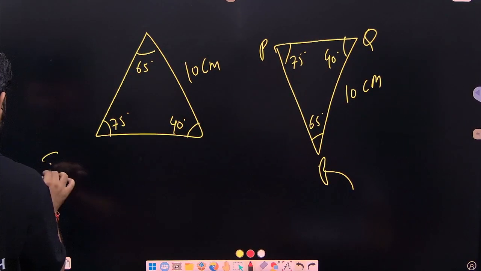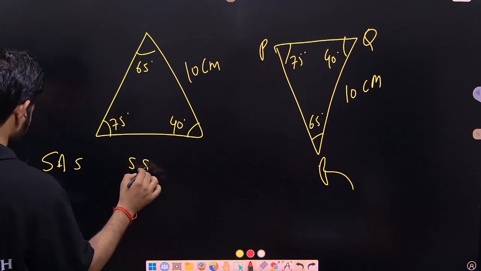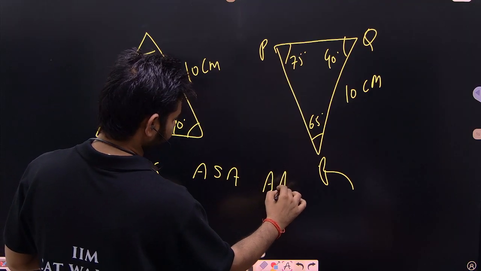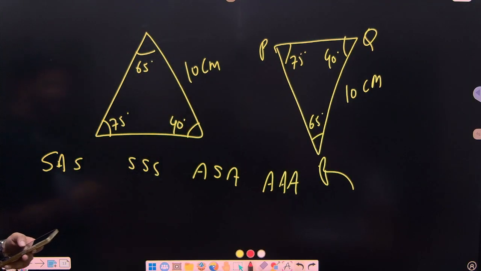Your options are SAS, SSS, ASA and AA. Which axiom is satisfied?